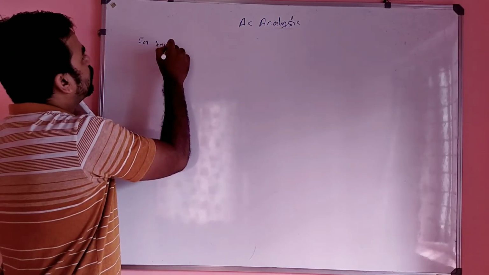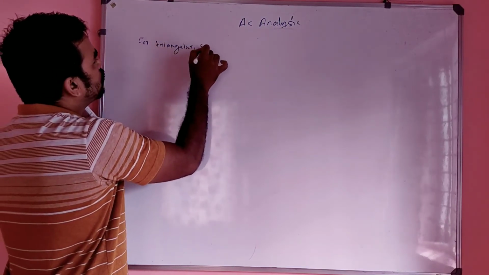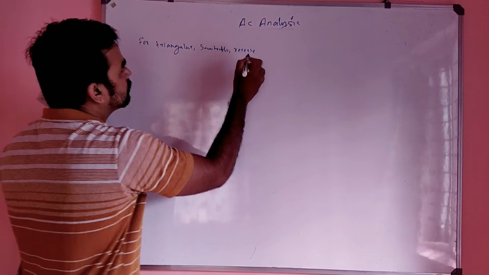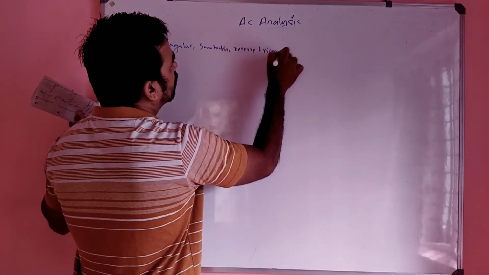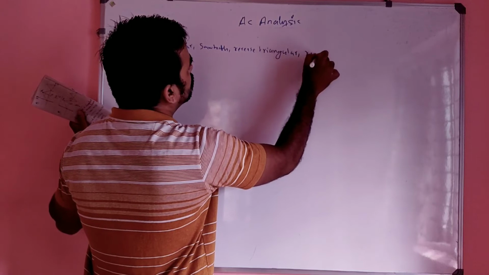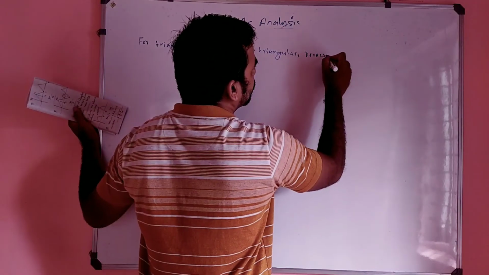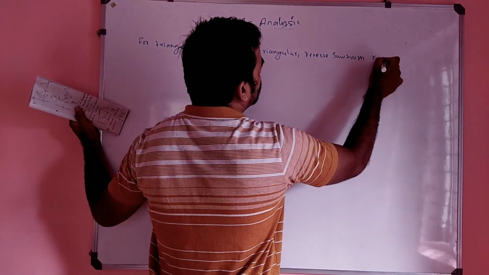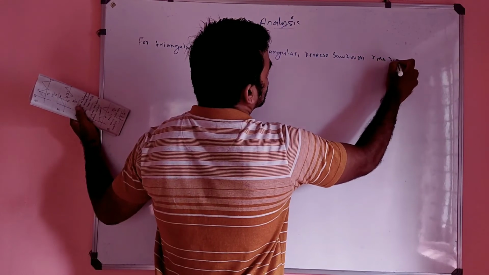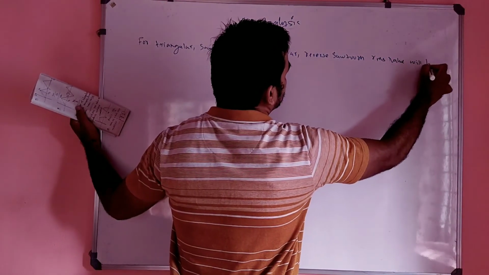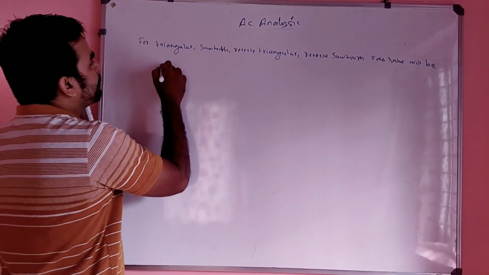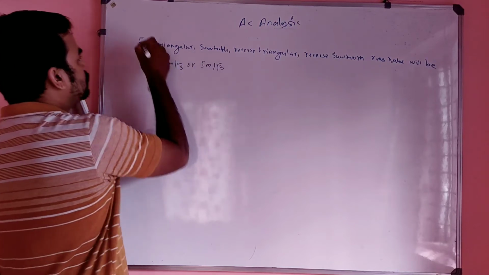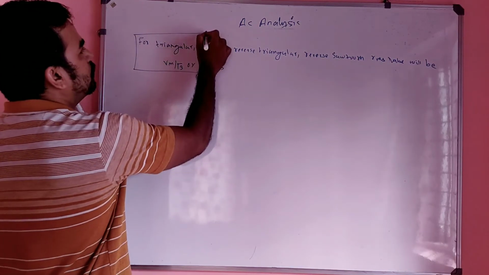For triangular, sawtooth, reverse triangular, reverse sawtooth, the RMS value will be Vm by √3 or Im by √3, whether it is in voltage term or current term.